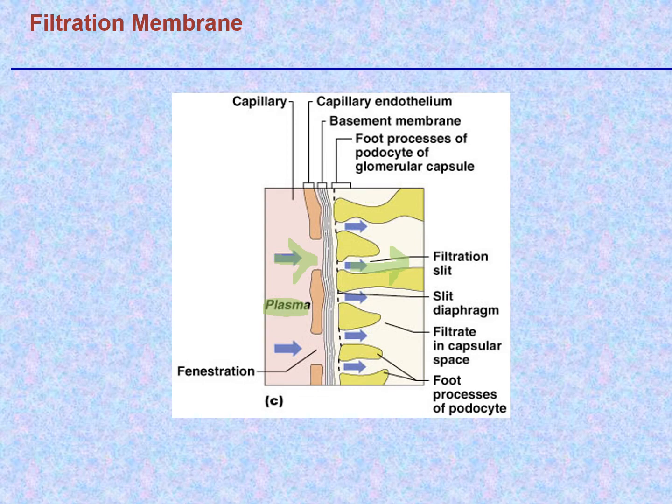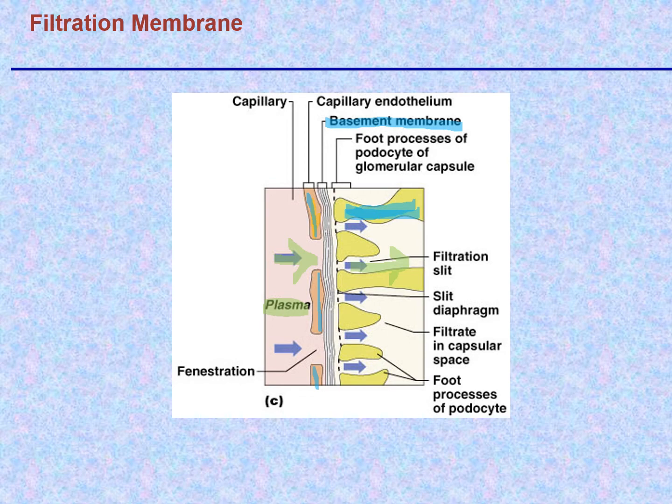The endothelial cells are shown here in beige. There are fenestrations or windows in between. It's a fenestrated capillary bed. There's the basement membrane and the podocyte.